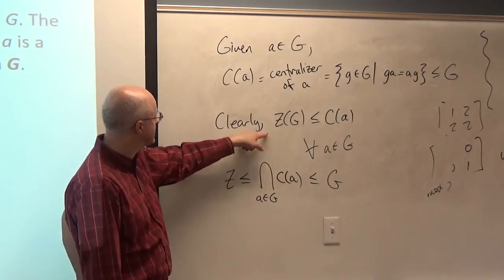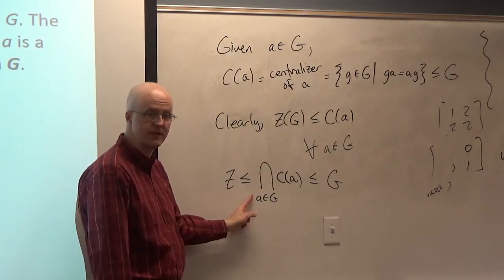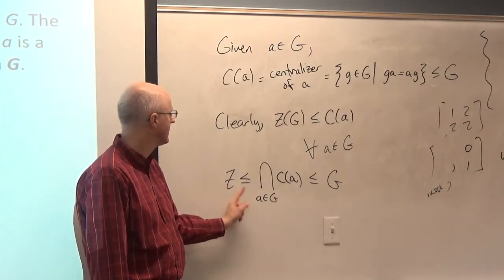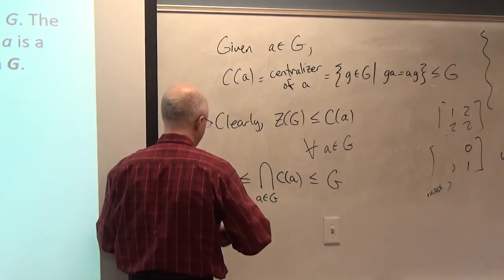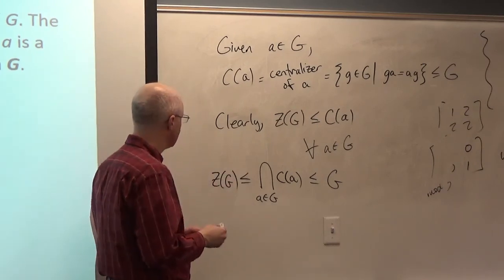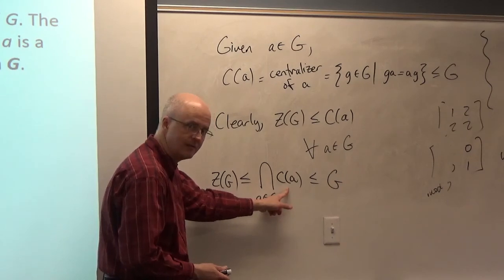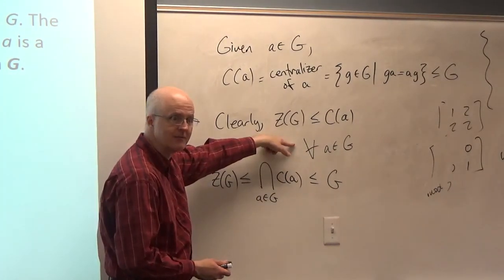And because Z of G is a subgroup of every centralizer, it's also going to be a subgroup of the intersection of all the centralizers. Got an element in Z of G. What does it mean to be in the intersection there? It means to be in everything that's being intersected. And that's what I just said there.